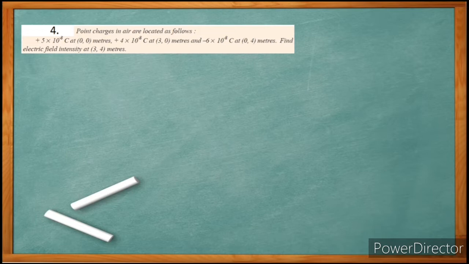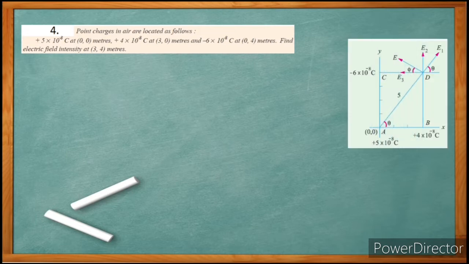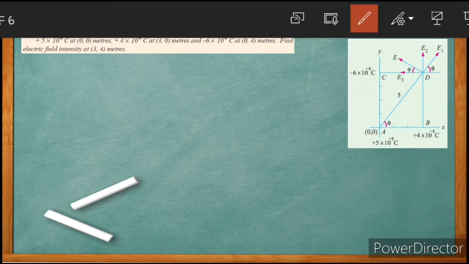So first, here is our graph. To find the electric field intensity at 3, 4 meters, let's first find the electric field intensities E1, E2, and E3.